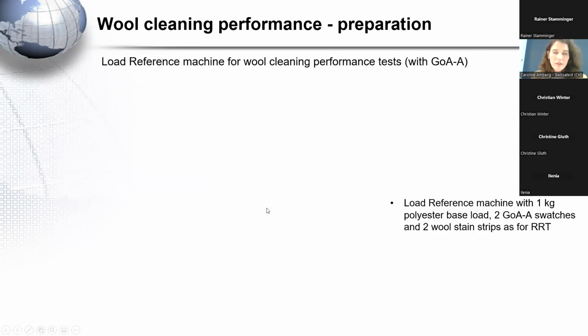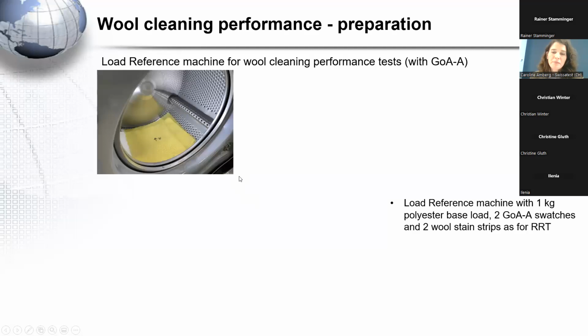Good, then how to load the machines. For the polyester base load, respectively the wool program, there is not really a clear procedure how to load. It's just written, it should be loaded evenly.